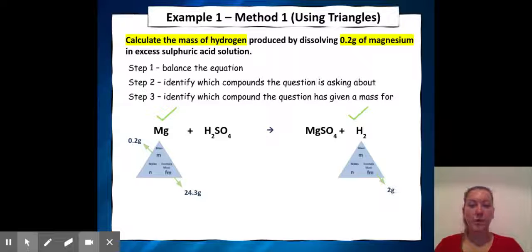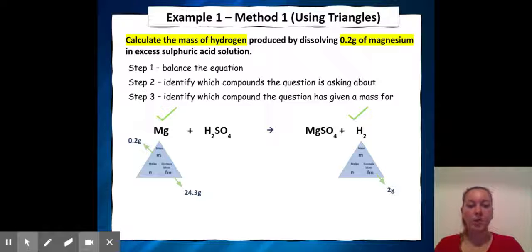So, what we can do this time is we can use a triangle on both sides. We have been given a mass of magnesium which is 0.2, and we know the formula mass for magnesium is 24.3, or 24.5 if you're using the Nat 5 data booklet.